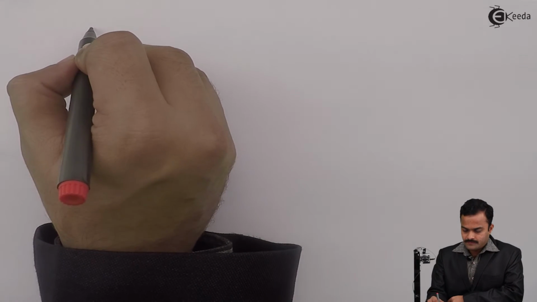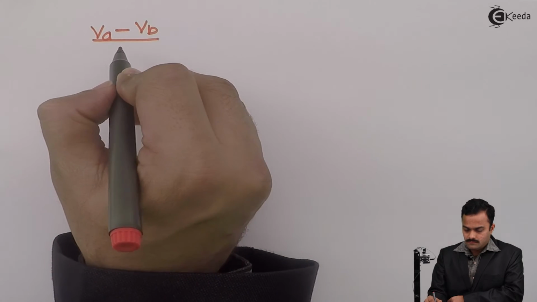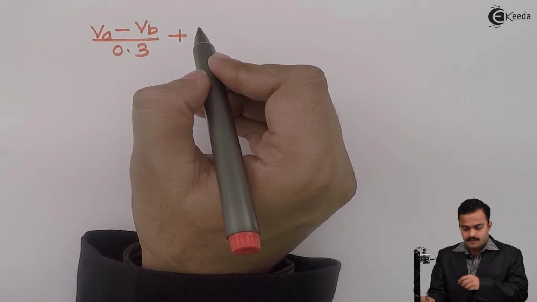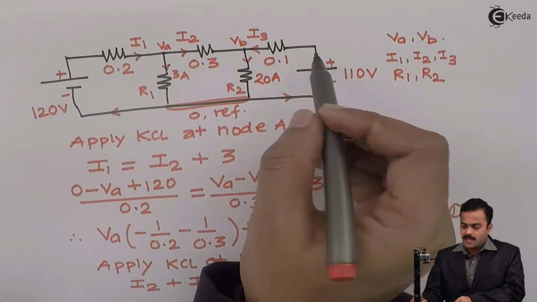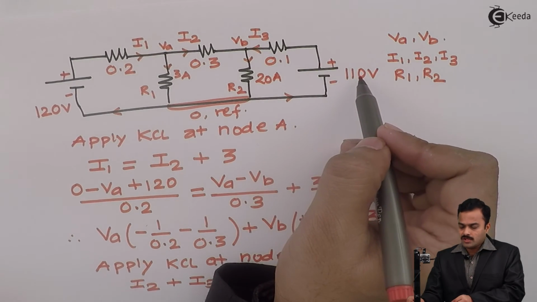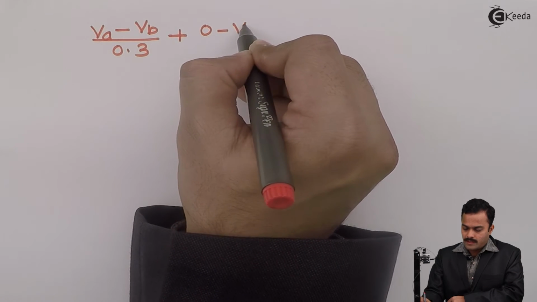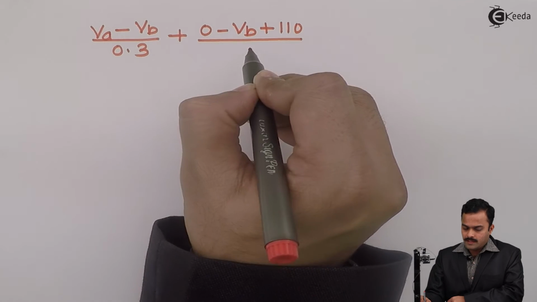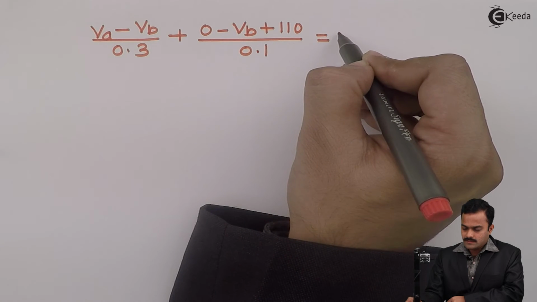So I will have VA minus VB divided by 0.3 plus, now this current I3 has started from reference and ending on B point, and in the direction I am having a voltage rise of 110 volt. So the equation will be 0 minus VB plus 110 divided by resistance of this branch, which is 0.1, equals 20.